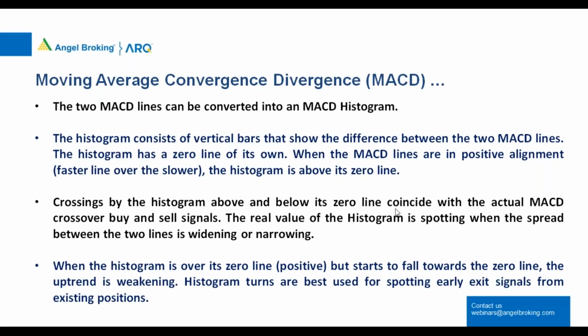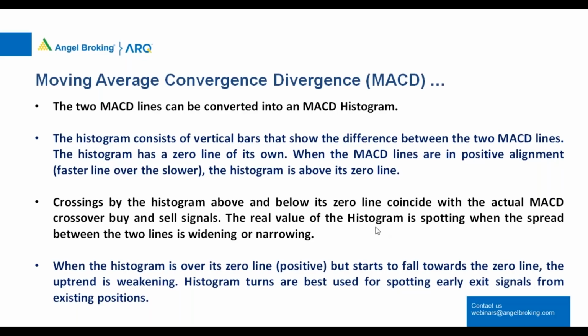As I talked about earlier, we have the faster line called the MACD line and the slower line called the signal line. The difference of this is plotted as a histogram. The histogram has a zero line of its own.